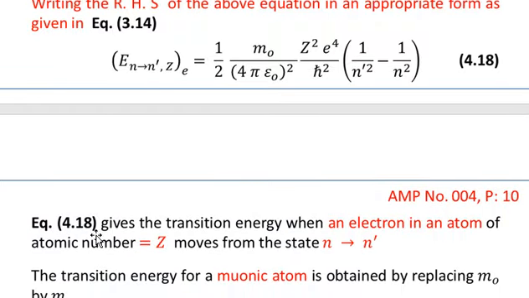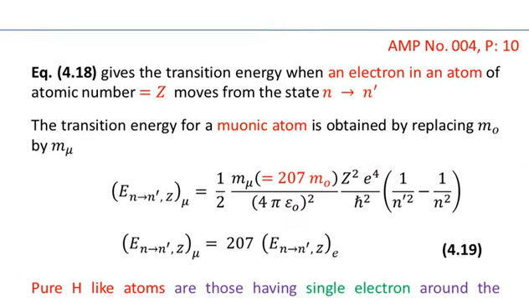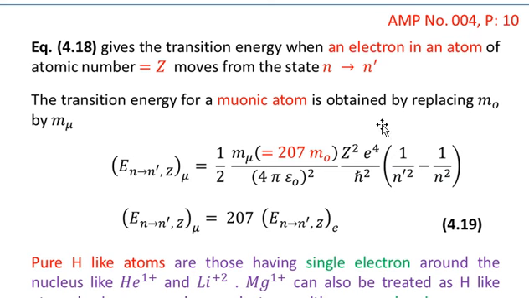Now equation 4.18 gives the transition energy when an electron in an atom of atomic number Z moves from the state n to n prime. The transition energy for a muonic atom is obtained by replacing m0 by m mu.